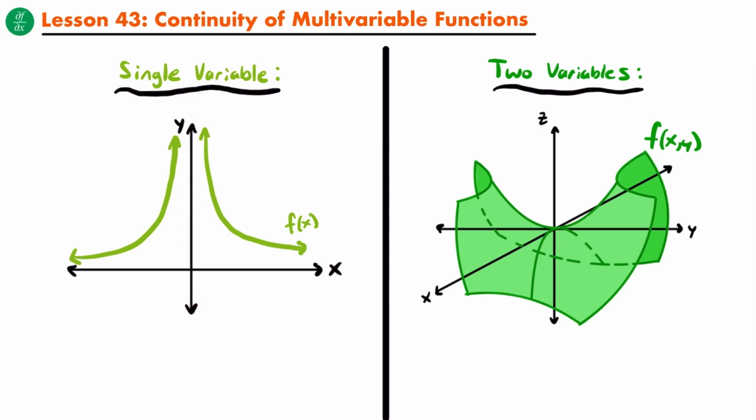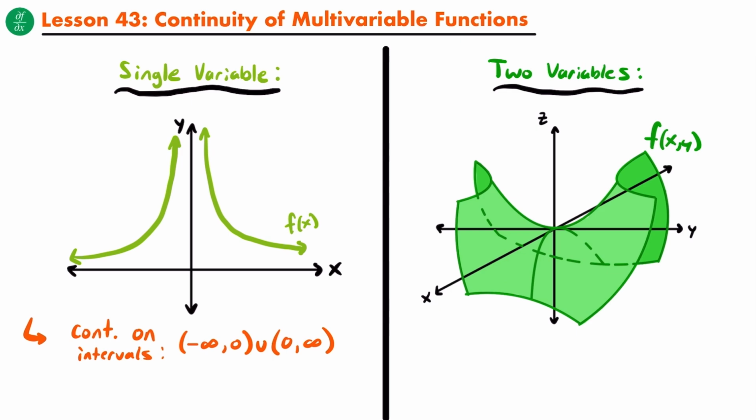Or the way that we would typically express that is to say that the function f of x is continuous on the open interval from negative infinity to 0, unioned with the open interval from 0 to positive infinity. Alright, these are the intervals of continuity for this function f of x. It just accounts for the values of x for which the function is continuous. Alright, and these intervals are in one dimension.